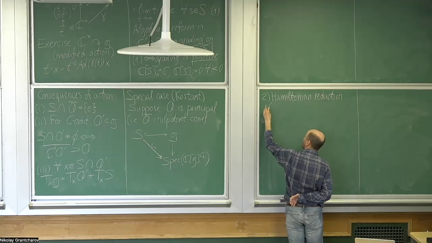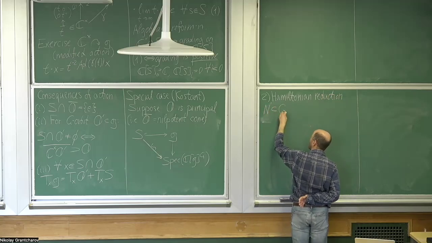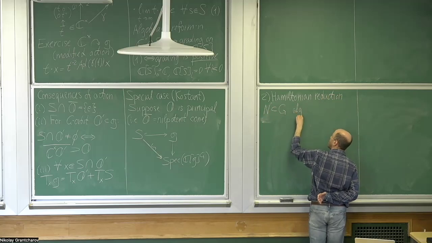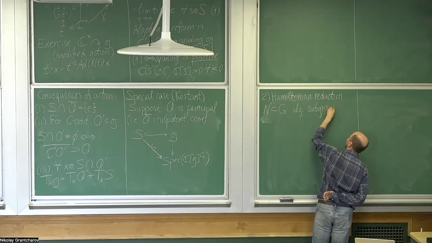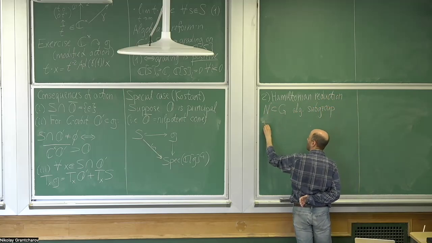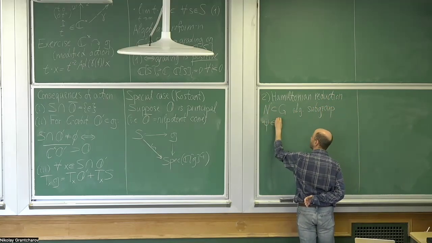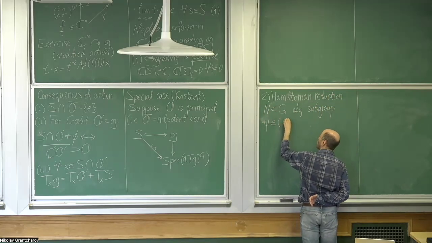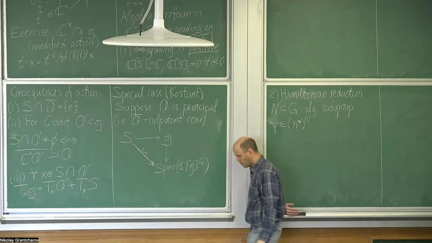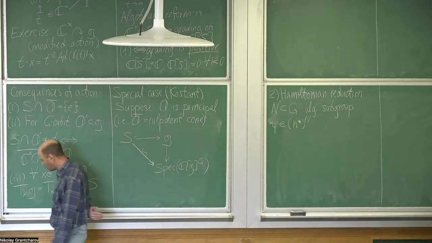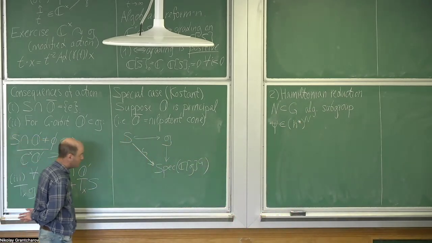Let's say that I have some algebraic subgroup N inside of G. And then I have some element psi in the dual of the Lie algebra of N, which is N invariant. And from this, I'm going to produce a certain Poisson algebra.